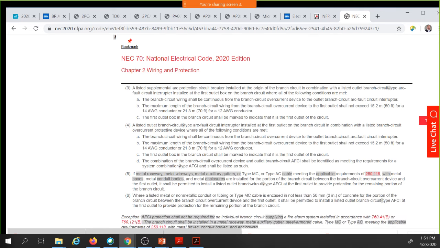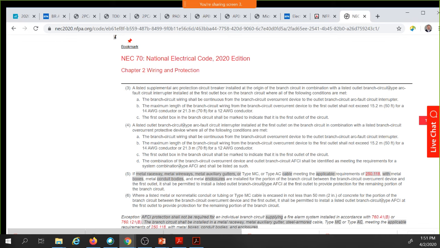A listed outlet branch circuit type arc fault circuit interrupter installed at the first outlet on the branch circuit, in combination with a listed branch circuit overcurrent protective device, where all of the following conditions are met. You have to have a continuous run to the first outlet. It can't be longer than 50 foot if it's a 14, 70 foot if it's a 12.